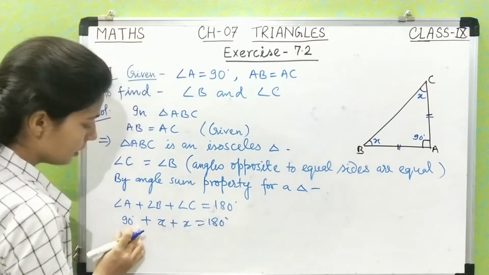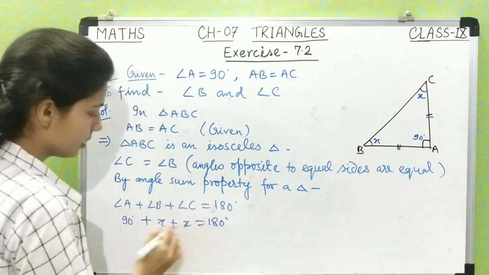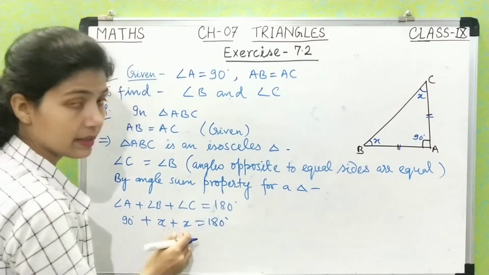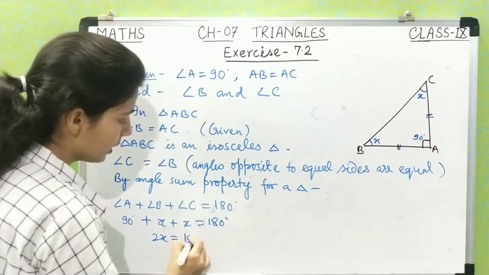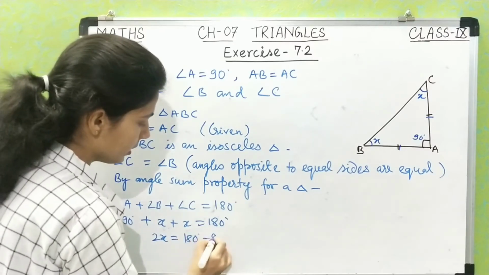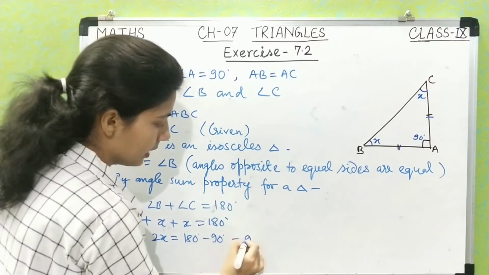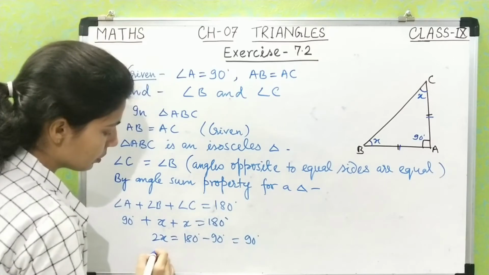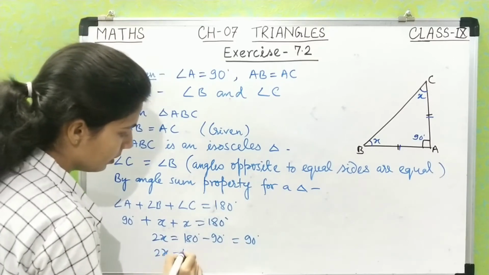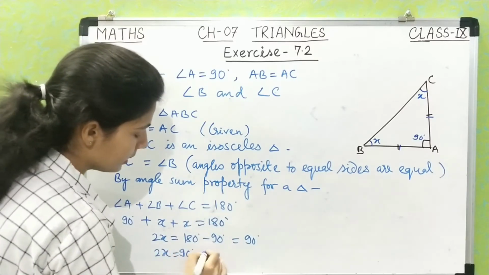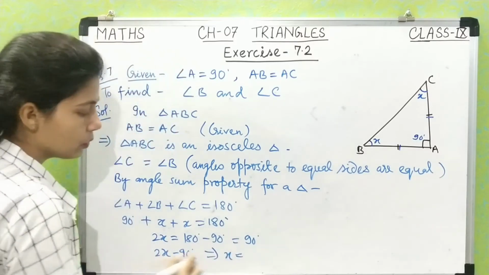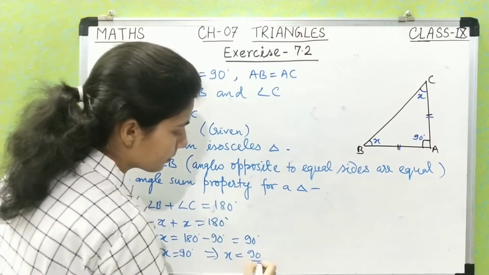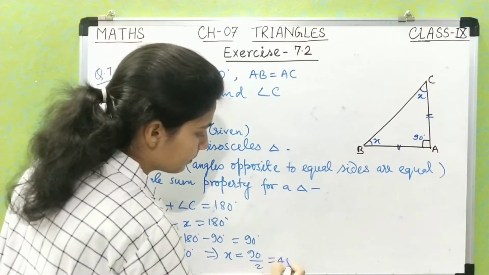If we transpose this 90 to this side, we will get X plus X, which is 2X, equal to 180 minus 90, that means 90 degrees. So 2X will be equal to 90. From here X will be 90 upon 2, which means 45.